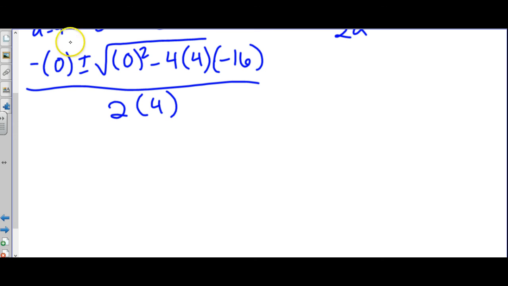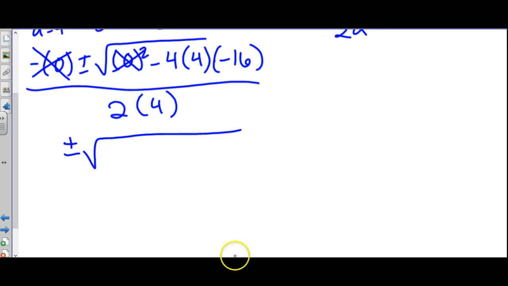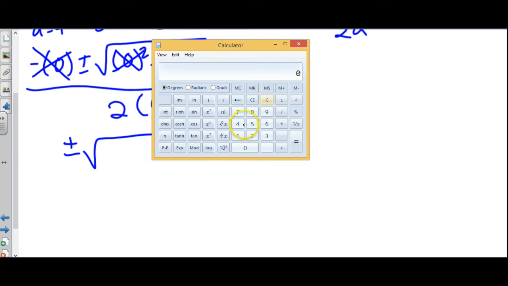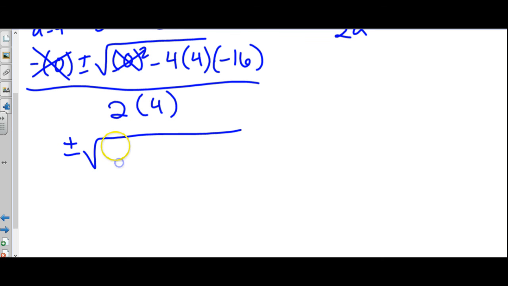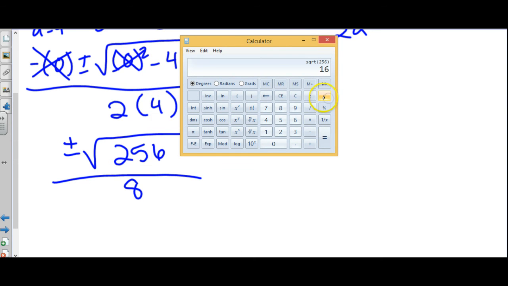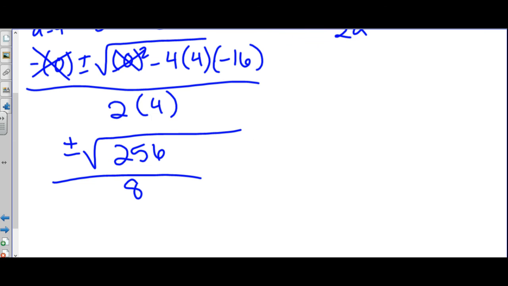So here we have negative 0, this piece is just going to go away completely. Along with that piece, 0 squared is also just 0. So under the square root we have negative 4 times 16. That gives us 256, divided by 2 times 4, which is 8. Now we take the square root of 256, and that gives us 16.